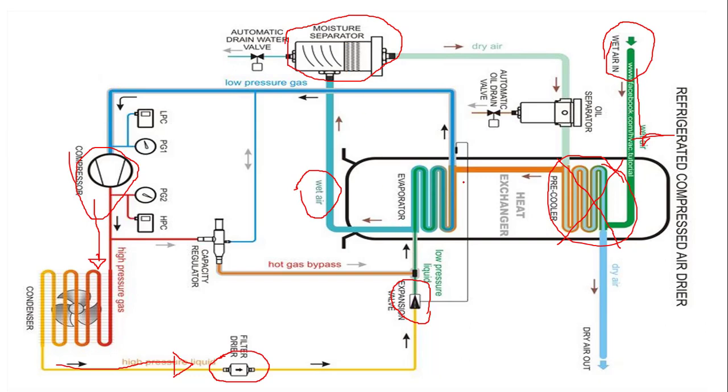This is the moisture separator. When the air passes through the evaporator and comes out with a lot of water and moisture, these filters separate the air from the moisture.